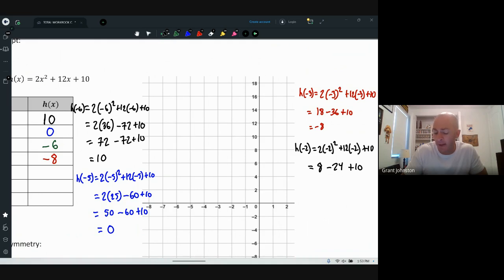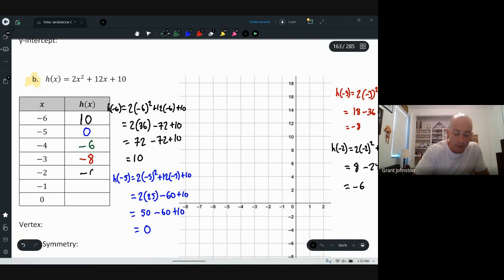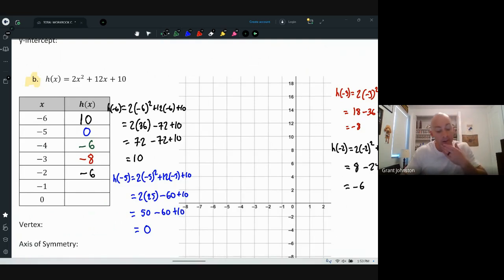And -16 plus 10 is -6. So this is -6. And this is kind of interesting to me because if you start to look at the table, I think we've already found our vertex. It goes 10, 0, -6, -8. Now it's back up to -6.